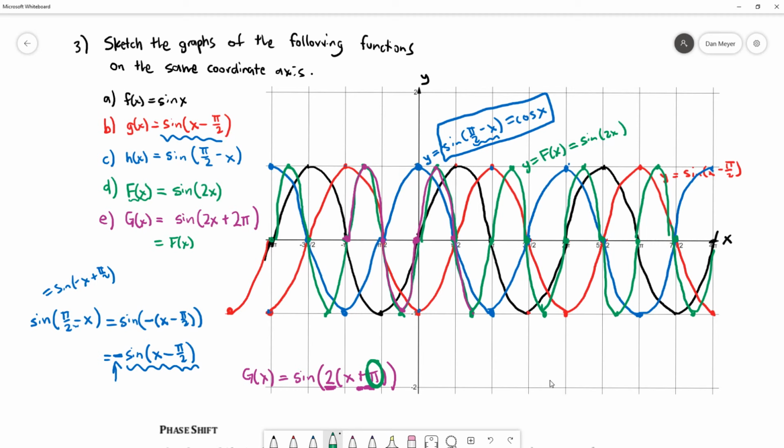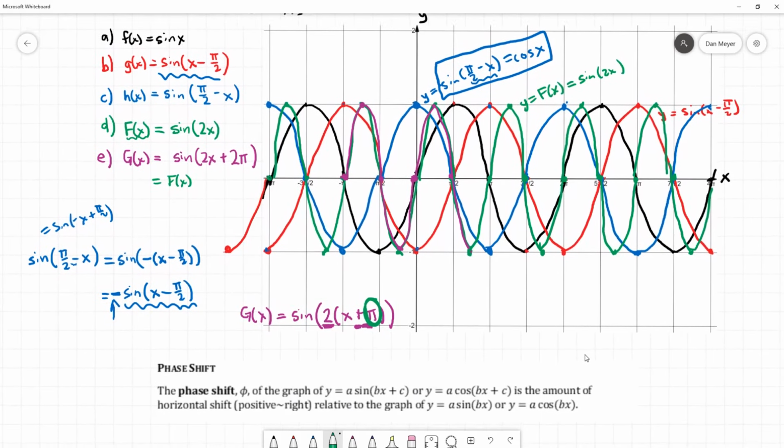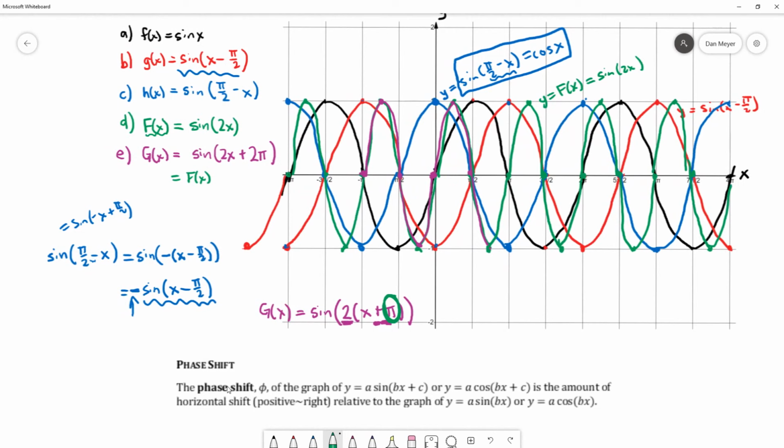Okay. Now these horizontal shifts, in the context of sines and cosines, we call those phase shifts. This is the parameter, or variable if you want to call it a variable, that's used to talk about phase shifts. I don't think our book uses the A's and the T's and the P's. I think those are mine, but it's a fairly standard thing to use capital A for the amplitude, capital T for the period, and phi.